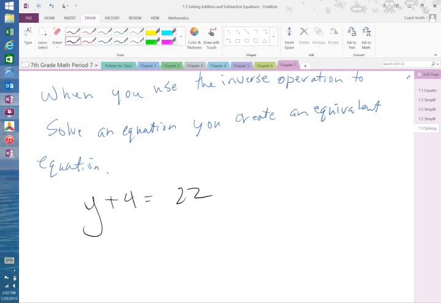Now, how we're going to solve this problem is we're going to use the inverse operation. When we want to solve an equation, we're trying to get the variable isolated in the equation. When I isolate something, what do I do? If I'm going to isolate Brandon from the class, what am I going to do?